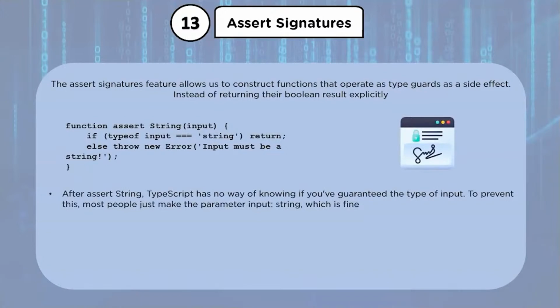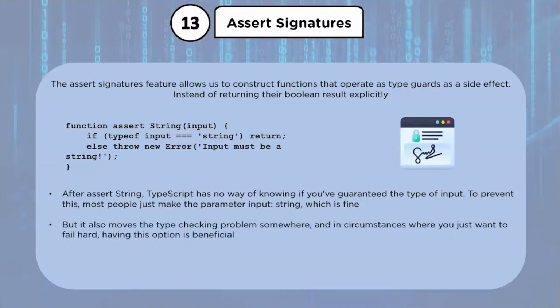To prevent this, most people just make the parameter input a string, which is fine. But it also moves the type checking problem somewhere else. And in circumstances where you just want to fail hard, having this option is beneficial.